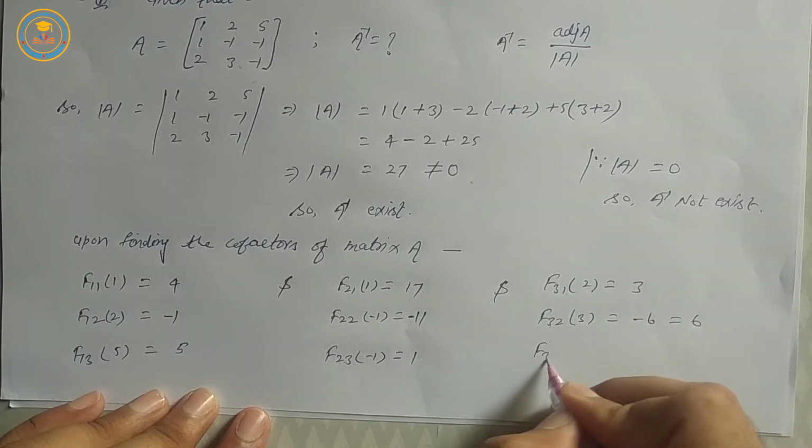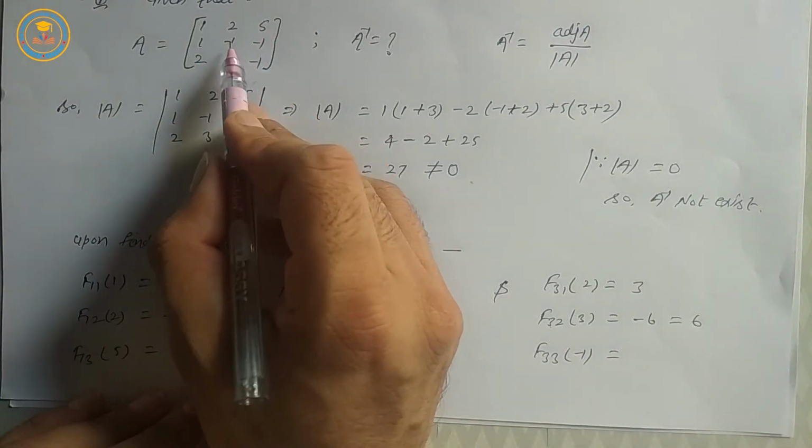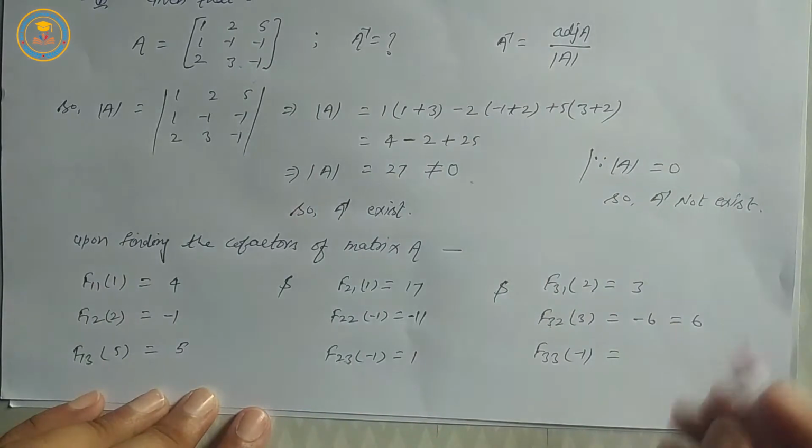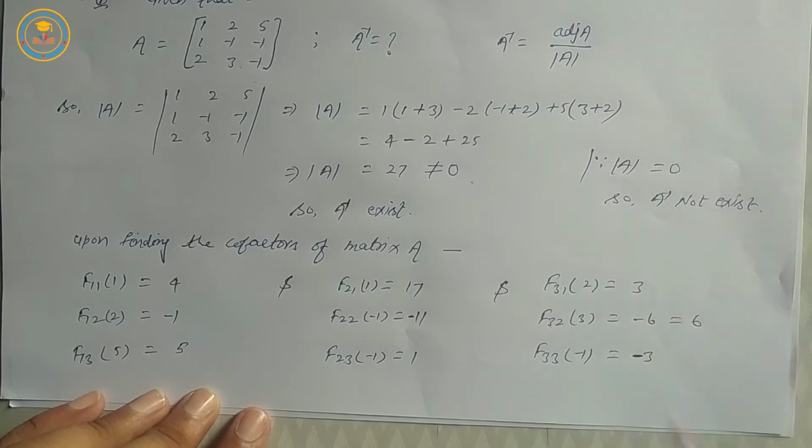Okay, F33 is equal to minus 1 minus 2, minus 3, 3 plus 3, 6, even number, same minus 3.